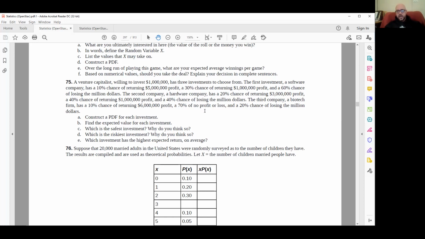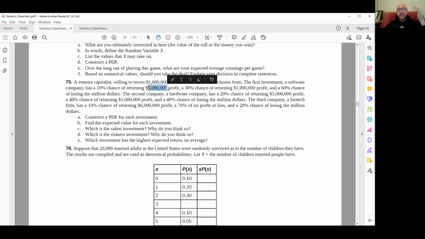All right, so the nice thing is they're telling us this in terms of profit, right? Not net. So the $1 million that we invest, once we invest it, it's gone, right? Now, it buys us a stake in these companies. So if we invest $1 million, it says $5 million profit.